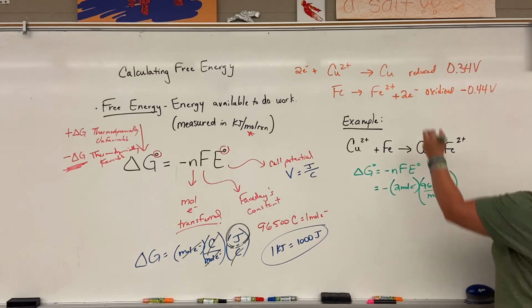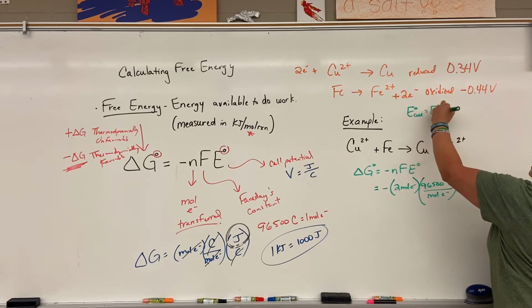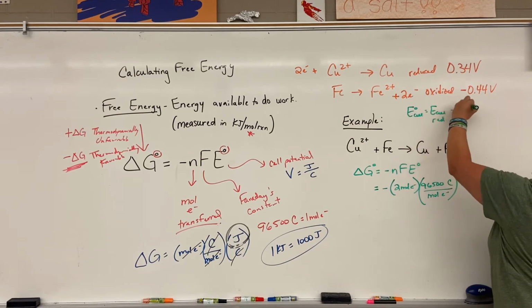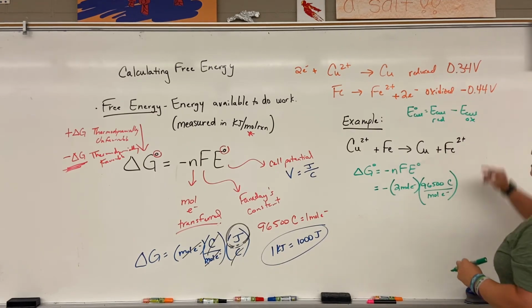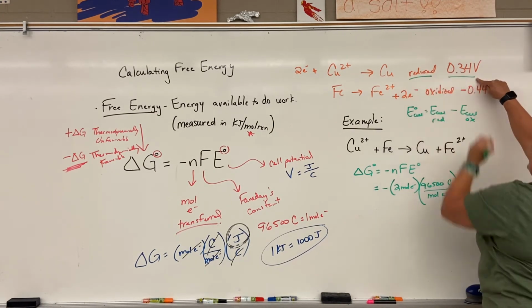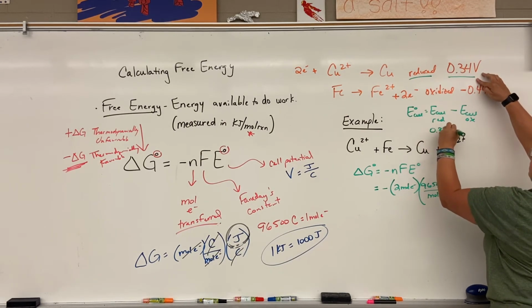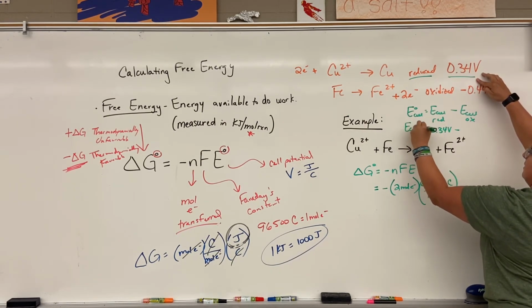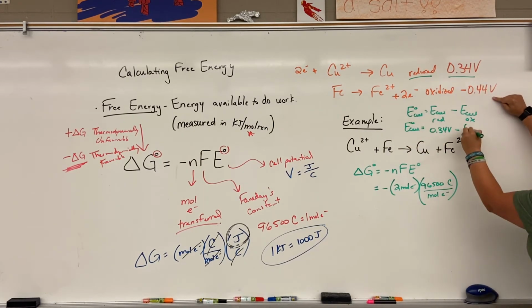I'm going to do some scratch work. Remember that standard E cell is equal to the E cell of the reduced minus the E cell of my oxidized species. So we said reduced is the 0.34, and the oxidized is negative 0.44, so it's reduced minus oxidized.